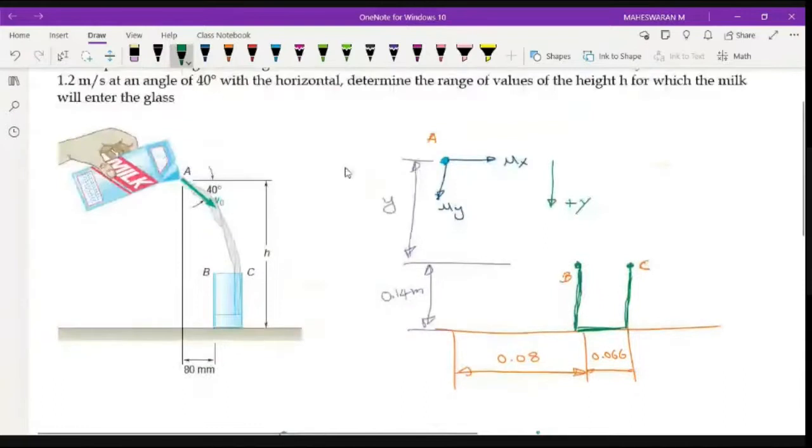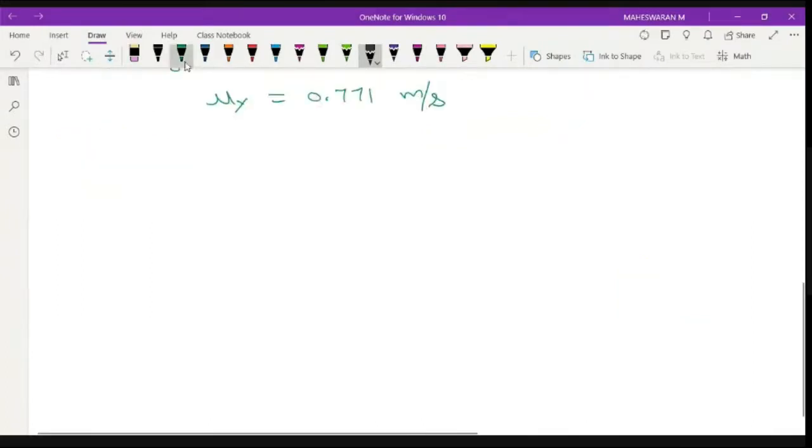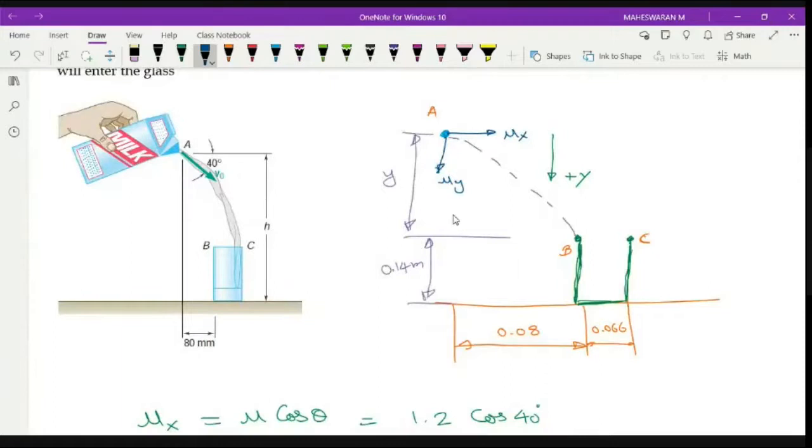Let me consider the first case. Your milk is poured at this location AB. So let us identify that. I'm going to consider the location AB. So when I consider location AB, so your horizontal velocity. Okay. So directly I will go for the last one.